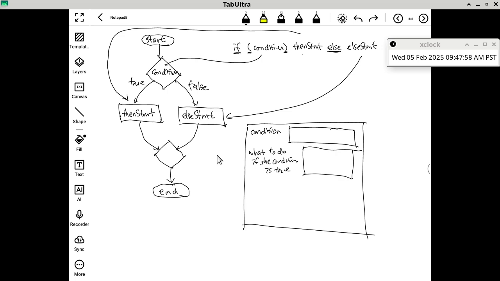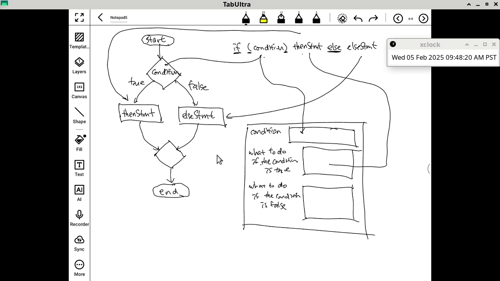And I would also say what to do if the condition is false, and I give you some space to write that too. So this is what goes here, this is what goes here, and this is what goes here.